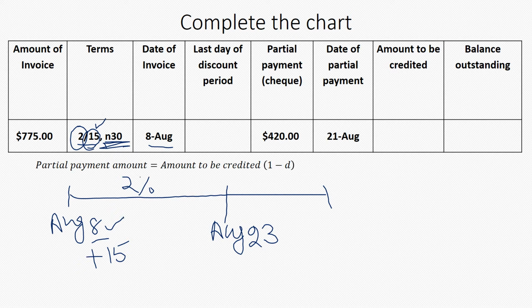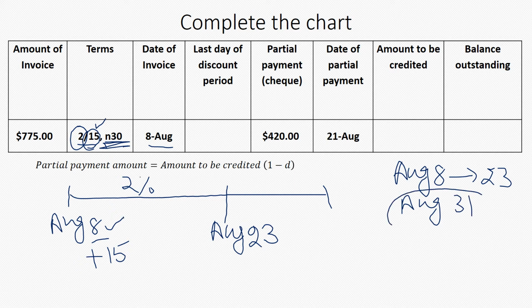Now starting from August 8, by the end of August we have 23 more days, right? Because August has 31 days. So August 8 and then 23 more days of August, and that is the end of the month of August, right?